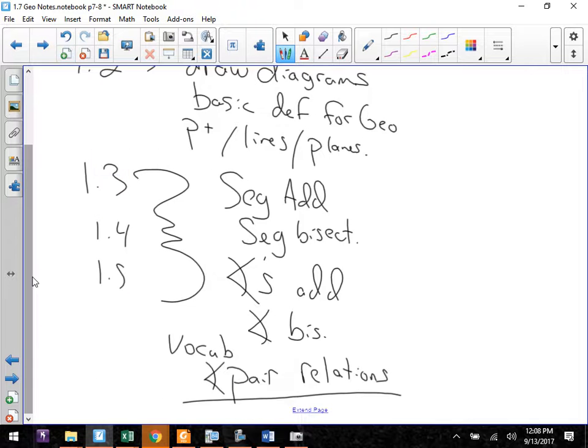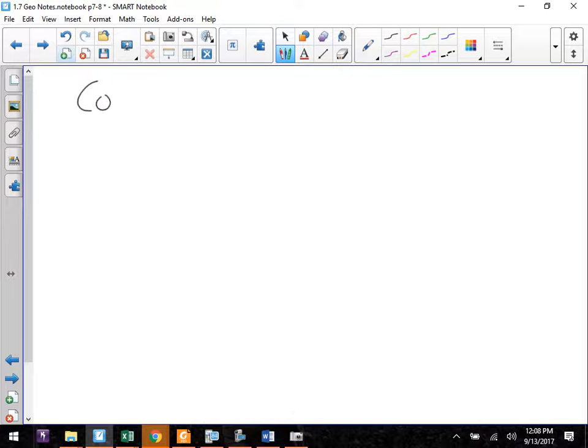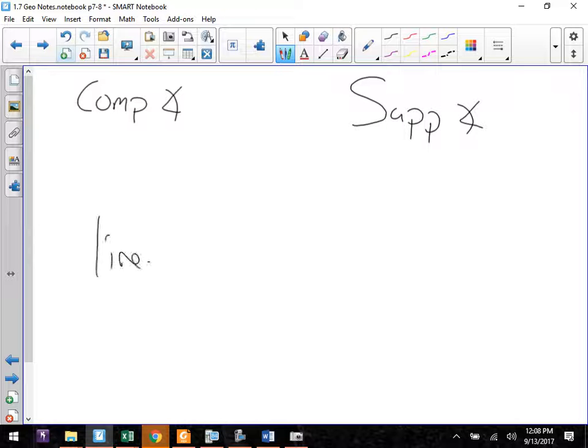All right, anyway, angle pair relationships. So we have complementary, supplementary, linear pairs, and vertical. Okay, so complementary angles, like we just said, are two angles that add up to equal 90.